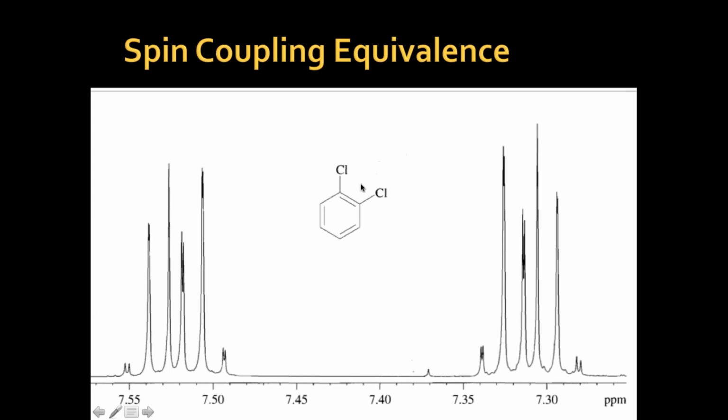If I divide this into half, not all the hydrogens are next to the chlorine. Some have long range coupling, some have short range coupling. The hydrogen next to the electronegative atom will be more downfield. That's the reason you have two sets of peaks, the downfield and the upfield.